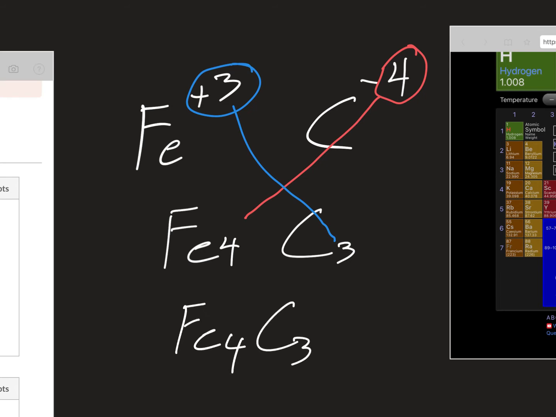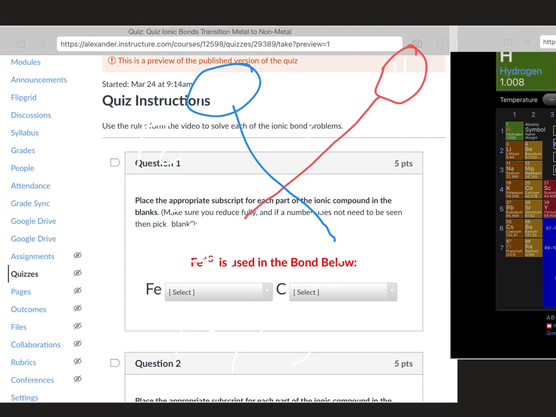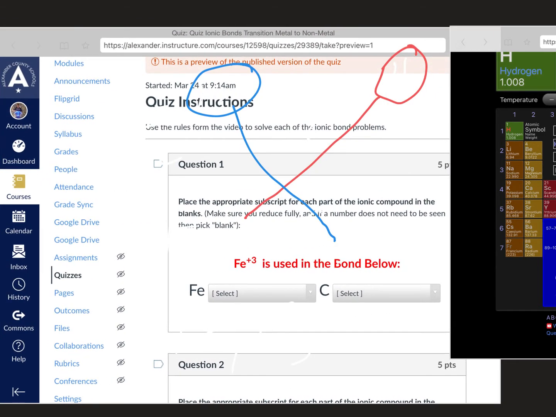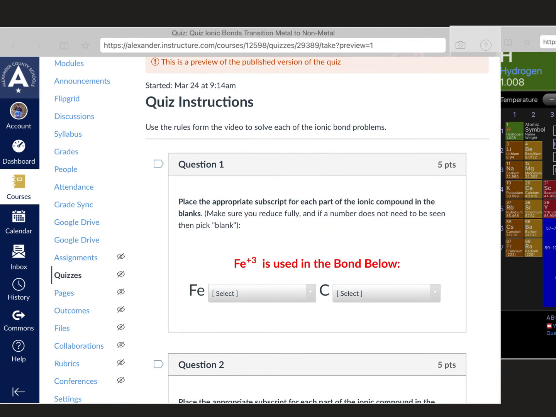And that's what I would end up putting over here. Let me bring this to the front for a second because apparently it got moved back. All right. So if I come and I try to select here, that was iron 4, carbon 3, okay?